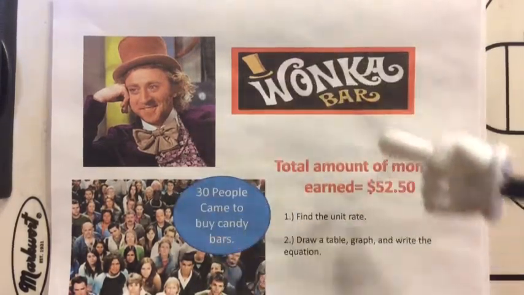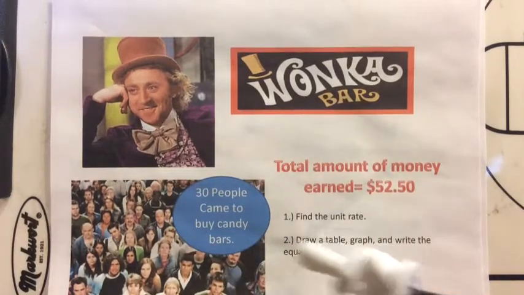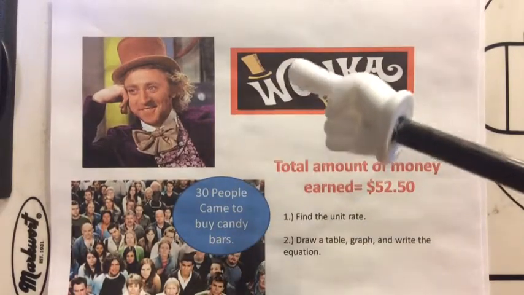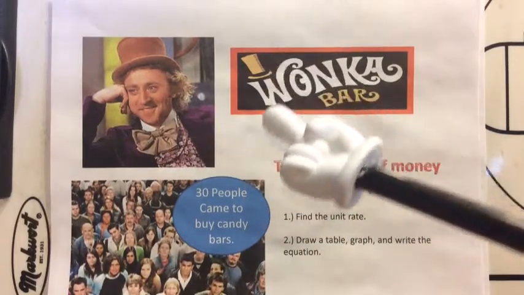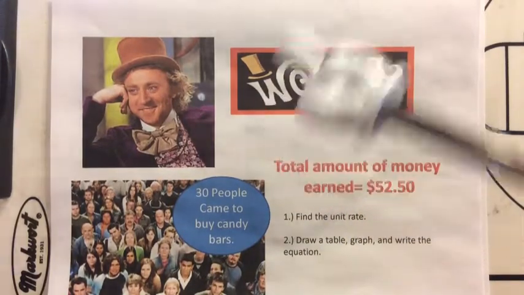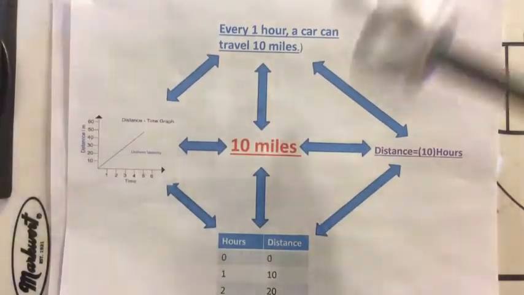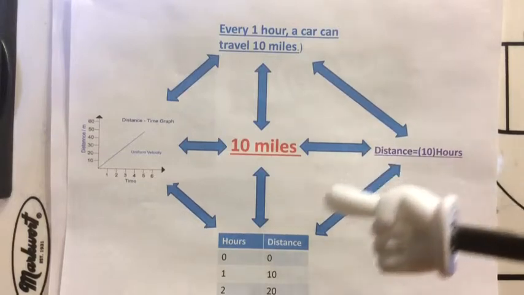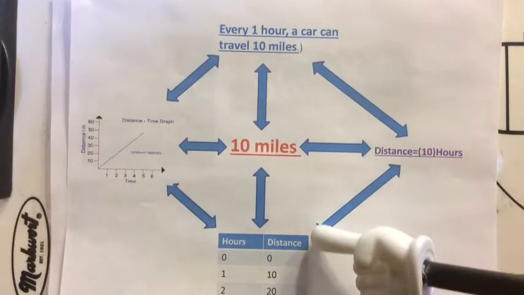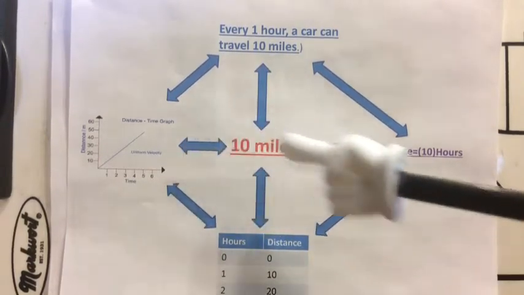So here is an entire word problem plus a few instructions where now you are to take the information that you are given and turn it into a proportionality web. That means you got to have your situation, your rule or your equation, your chart or table, your graph, and your constant of proportionality.